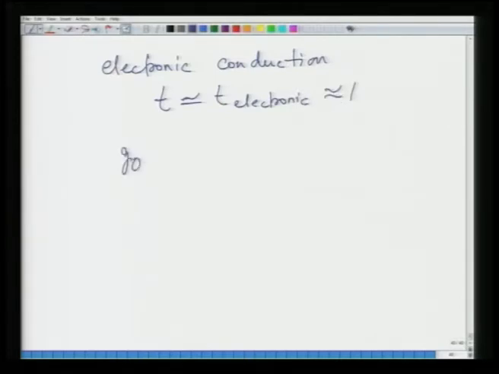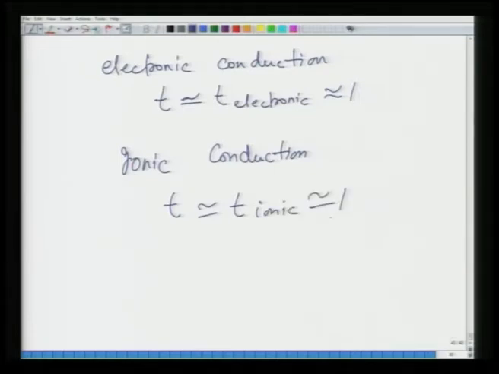And in case of ionic conduction, t will be equal to t ionic, and this would be equal to 1. And when you have mixed conduction, then of course, t is a composition of both electronic and ionic conductivity. Okay. So, now I will give you some values of conductivity and transference numbers for various ionic systems.